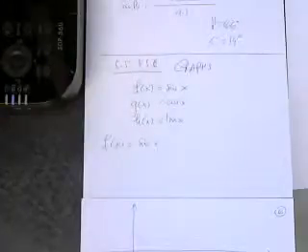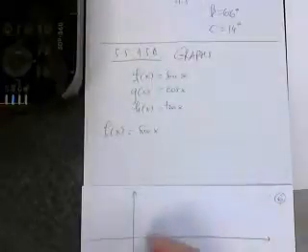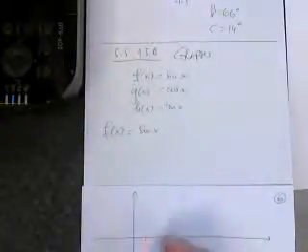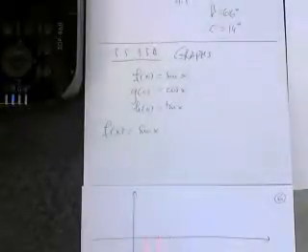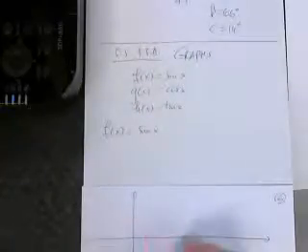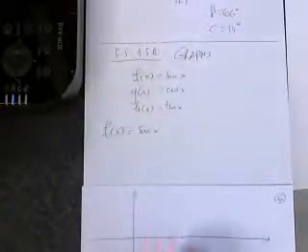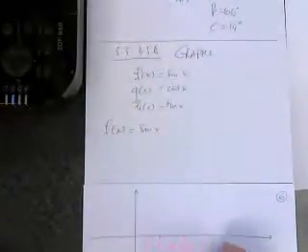So I'm going to mark pi over 2. Same distance, pi. The next one will be 3 pi over 2. And the next one will be, and so on and so forth.